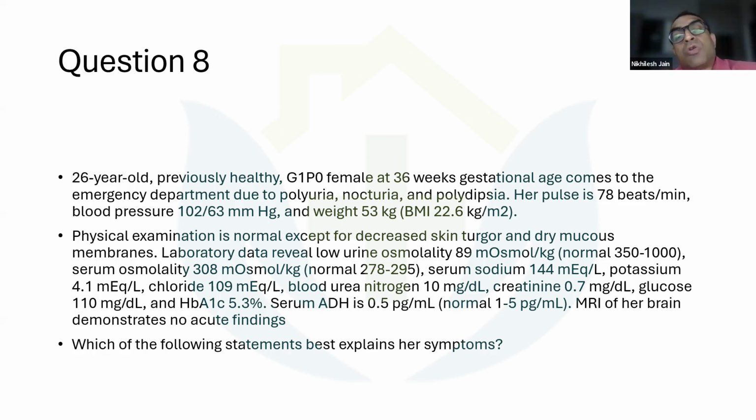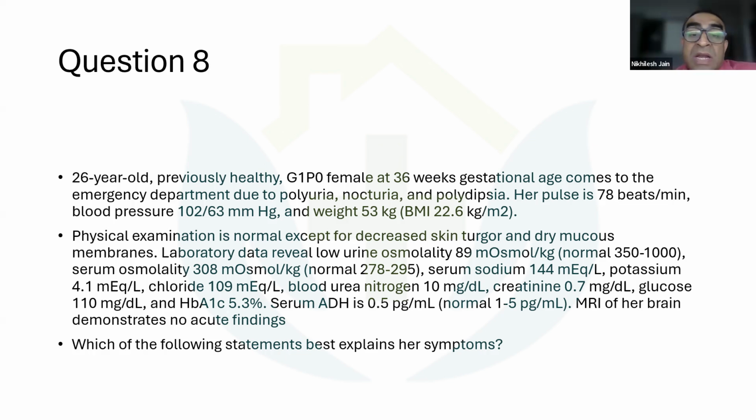Lab data reveals low urine osmolarity of 89 milliosmoles per kg, serum osmolality of 308 milliosmoles per kg, serum sodium of 144, potassium of 4.1, chloride of 109 milliequivalent per liter, blood urea nitrogen of 10 milligram per deciliter, creatinine of 0.7 milligram per deciliter, glucose of 110 milligram per deciliter, and HbA1c of 5.3%.